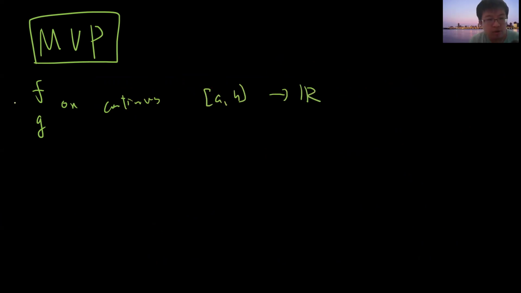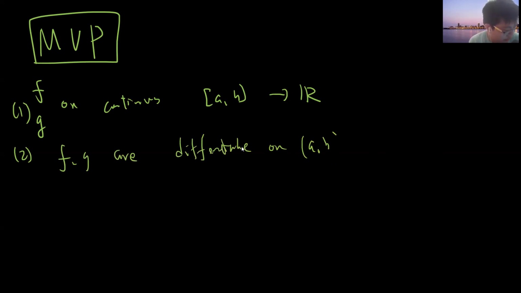Okay, so let's talk about the mean value theorem. Now we go to the proof. Let's say f and g are both continuous, defined on [a,b] to the real numbers. This is the first condition. And the second condition is that f and g are differentiable on the open interval.